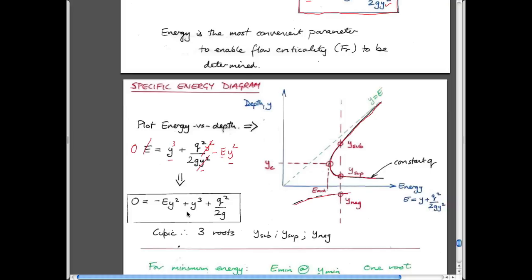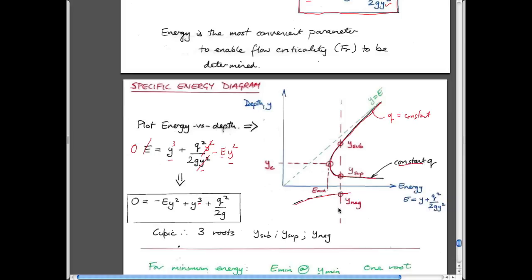Because it's a cubic equation, we know that a quadratic has 2 roots, a cubic has 3 roots. And so for any given value of energy versus depth, so we only have 2 parameters in here, energy versus depth, and this curve is for Q equals something. I guess constant might be a better word, right? Q is constant. I guess it says that right here.